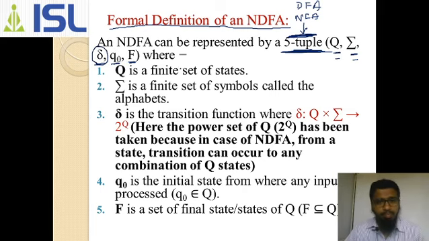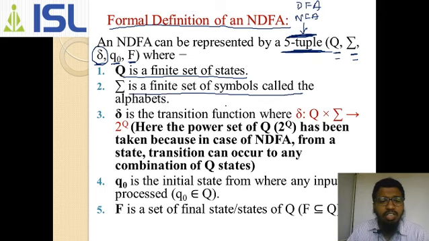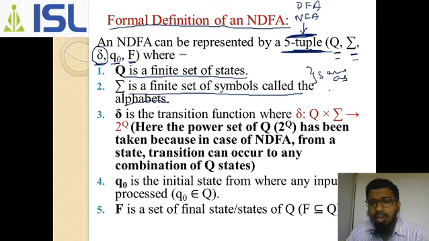See, Q is a finite set of states, as we studied in DFA. Sigma is a finite set of symbols called the alphabet. This is also the same as DFA. Both are the same as DFA. Delta is a transition function.